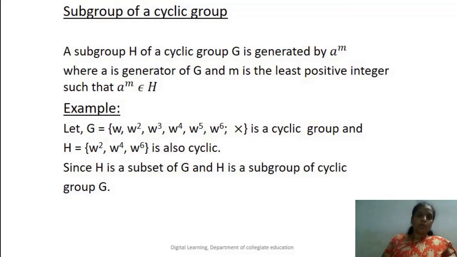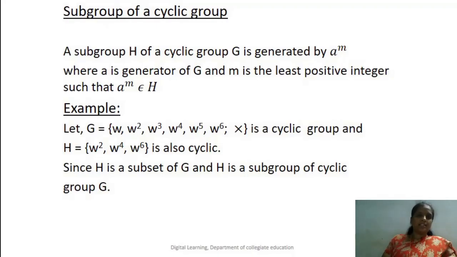So the subgroup of the cyclic group we are trying to explain. The subgroup is denoted by H here and it is generated by A power m. So it will be in the form of A power n, where A is acting as a generator as we have already seen, and m is the least positive integer such that A power m belongs to H.